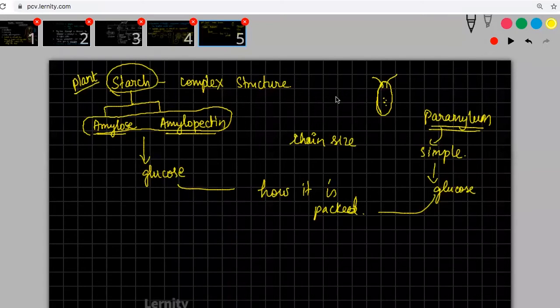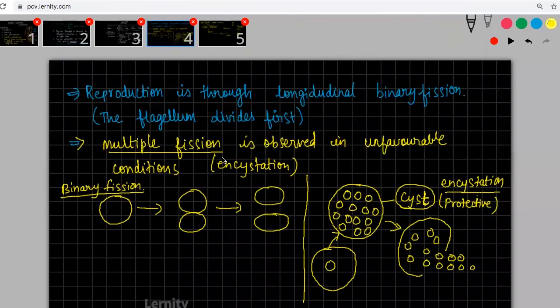But when you talk about the structure of it, it is different in terms of complexity. Okay, so coming back here, multiple fission is observed whenever you are having unfavorable conditions.